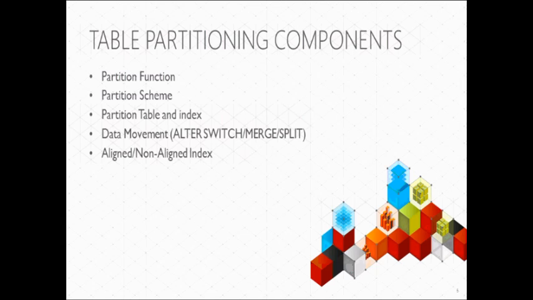However, in practice, because we move data in and out of the partitioned table, a table usually requires modifying its partition function. Usually a partitioned table is dedicated to its own partition function and partition scheme.